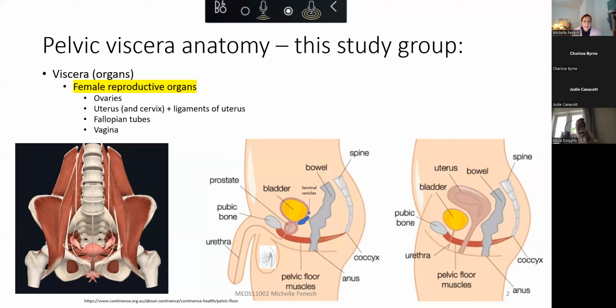So think of the fallopian tubes as the same sort of size as those other tubes. Some of those really small tubes we don't see on imaging unless there's something wrong with them. But we have to know where they sit, because if there is something wrong with them, they're going to be there and be obvious.